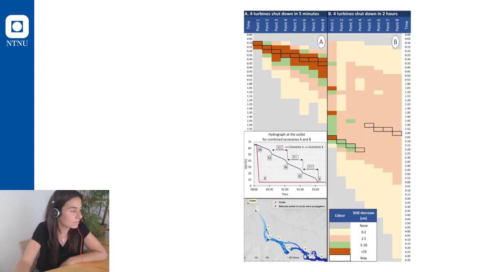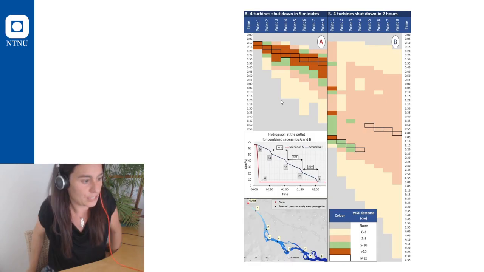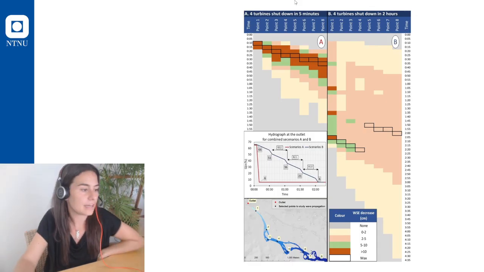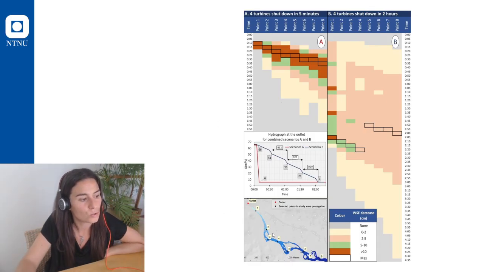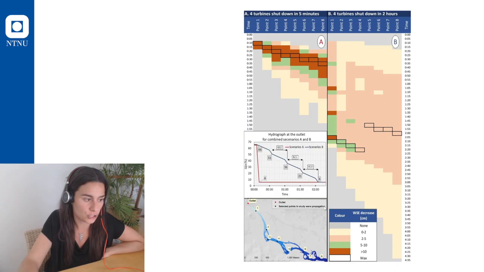In this graph, I'm going to make myself a bit bigger for this. In this graph, we observe different things. If you can see the graph down here, we observe points 1, 2, 3, 4, 5, 6, 7, 8. And for each of these points, we compute the water surface elevation for two cases. Scenario A, here on the left, is the hydrograph shutting down in 5 minutes.